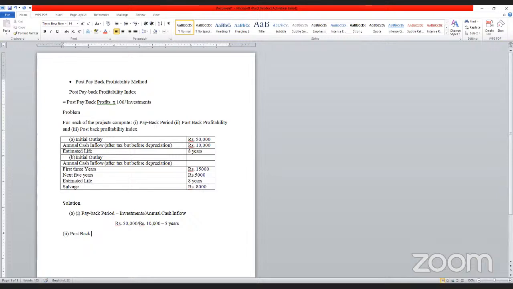Now the second calculation is post payback profitability. Post payback profitability is equal to annual cash inflow into estimated life minus payback period.